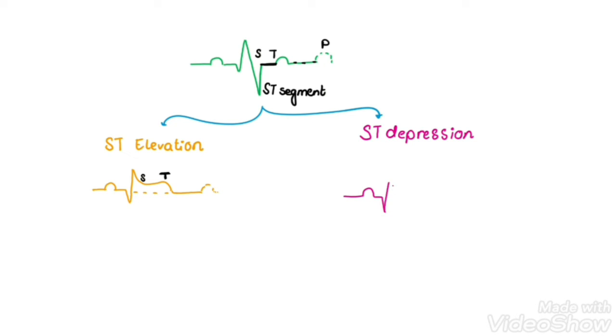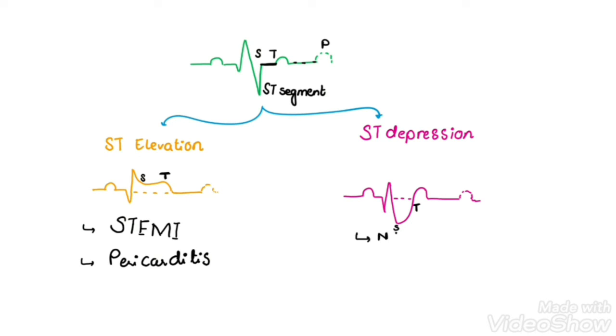The ST elevation occurs in STEMI, ST elevation myocardial infarction, and it is also seen in pericarditis, whereas the ST depression occurs in NSTEMI, non-ST elevation myocardial infarction, and unstable angina. These will be discussed later in detail.